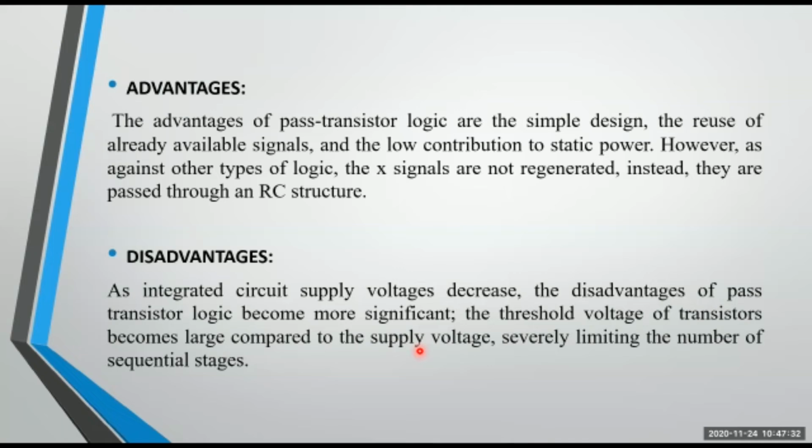Whenever the supply voltage decreases, it becomes very hard for the pass transistor to create a channel through which it can pass a signal from input to output. In order to create a channel you need some minimum voltage, called the threshold voltage. That threshold voltage becomes large relative to the supply as the supply voltage decreases, and this limits the sequential stages.